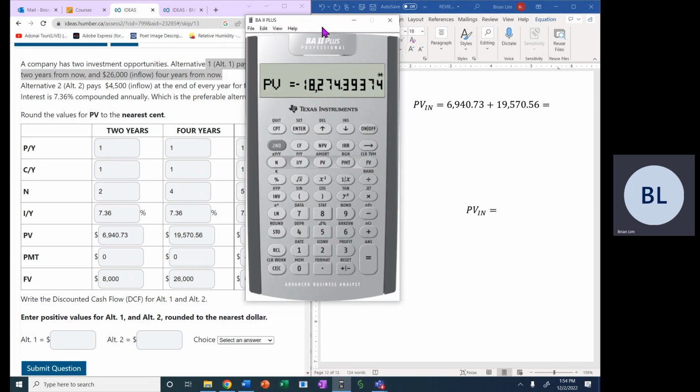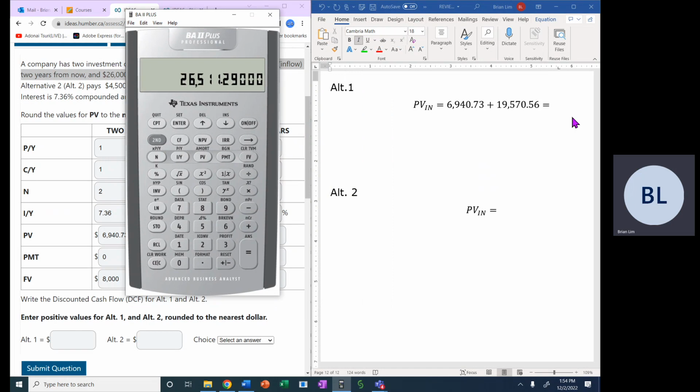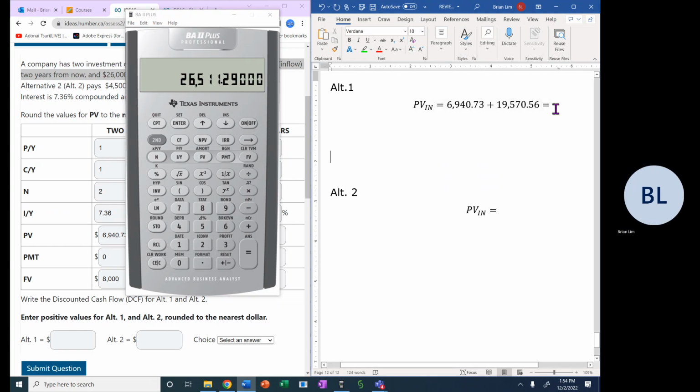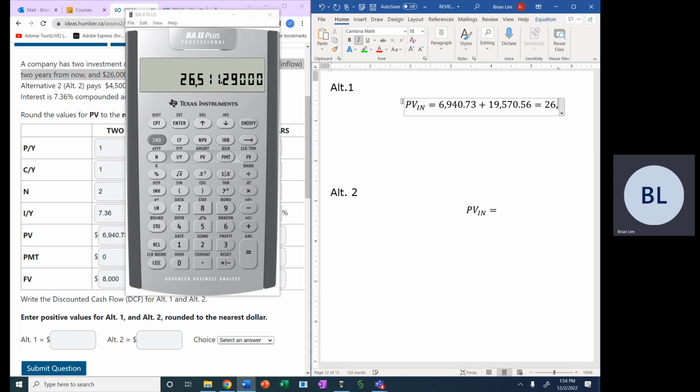We get the calculator up there, and we have 6940.73 plus 19,570.56. Add those two, and we get 26,511.29.